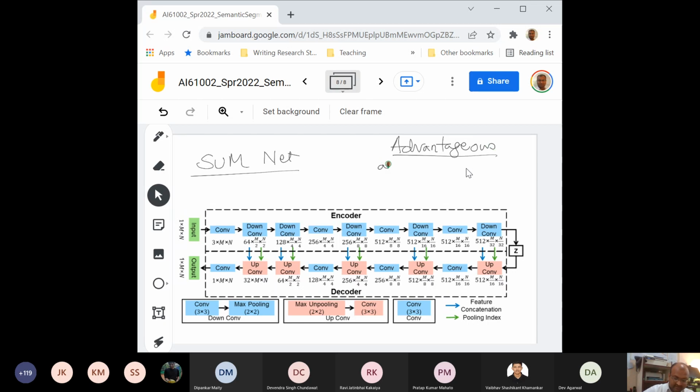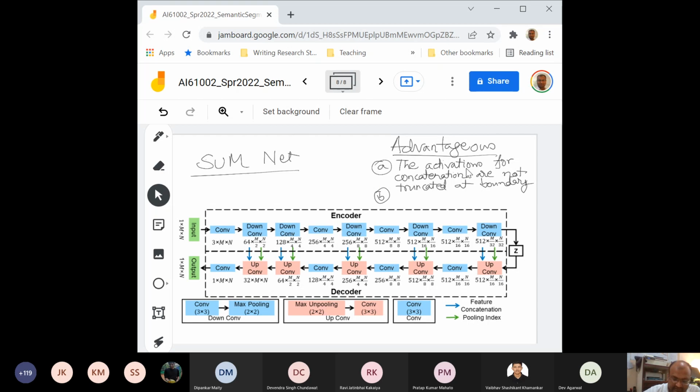One is the activations for concatenation are not truncated at the boundary. This is one part.